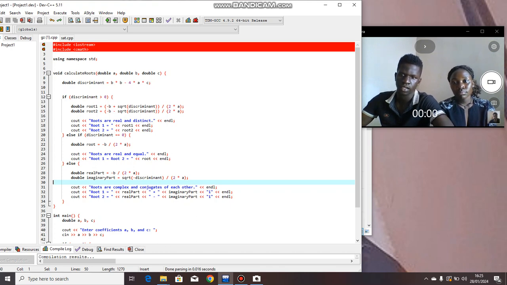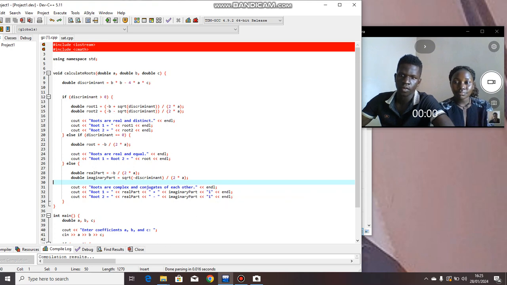So now we are going to look at the case where the discriminant is negative. You have a real part and an imaginary part. The real part is got from negative b over 2a, and the imaginary part is got from the square root of the discriminant, which is b squared minus 4ac. And we are seeing roots are complex and conjugate of each other.